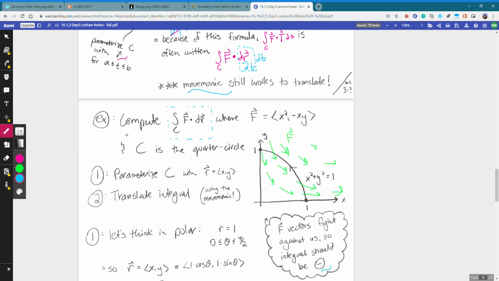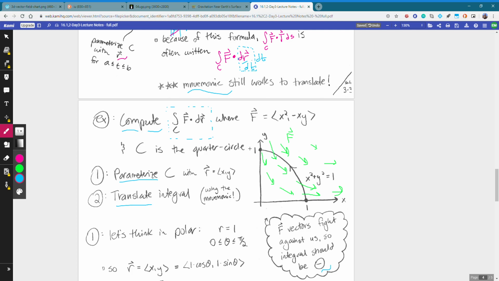If we just want to get back to business and compute this line integral, we compute it the same way we'd compute any line integral. We have two steps. We need to parameterize our curve and then translate our integral using our catchphrase.